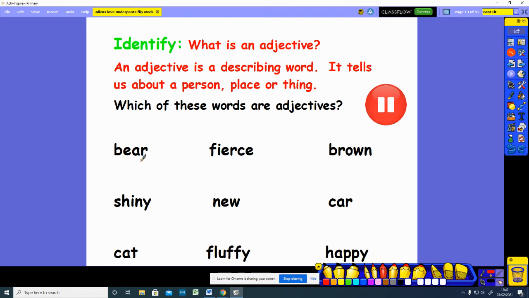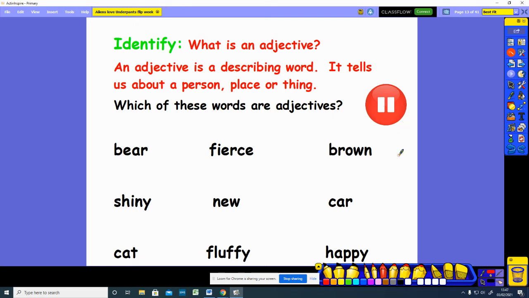Okay, so we've got bear, fierce, brown, shiny, new, car, cat, fluffy, happy. Press your pause button and think about which of those words are adjectives. So which words are describing words?